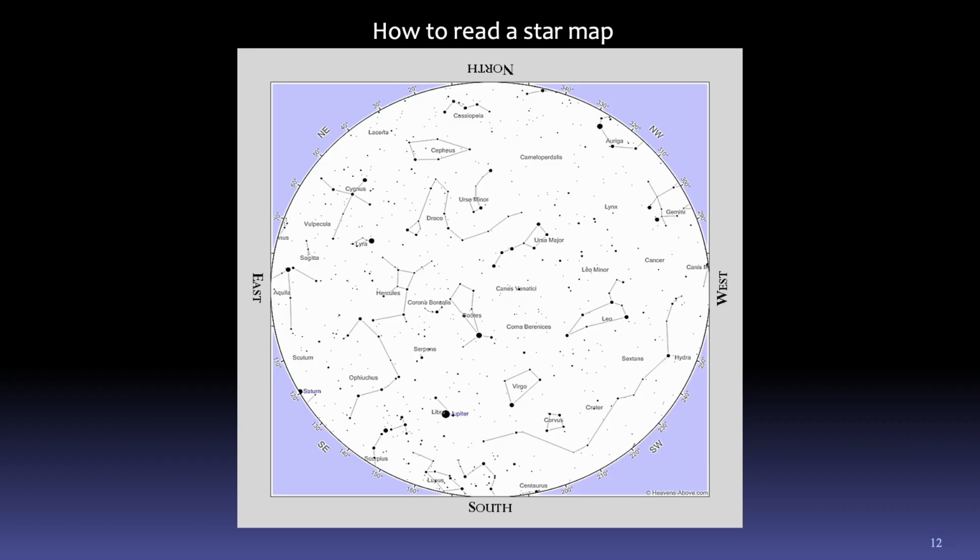The sky will appear like a dome above you. Another equivalent way to think about this is to imagine yourself in the middle of a half-domed planetarium, which is supposed to simulate the sky.